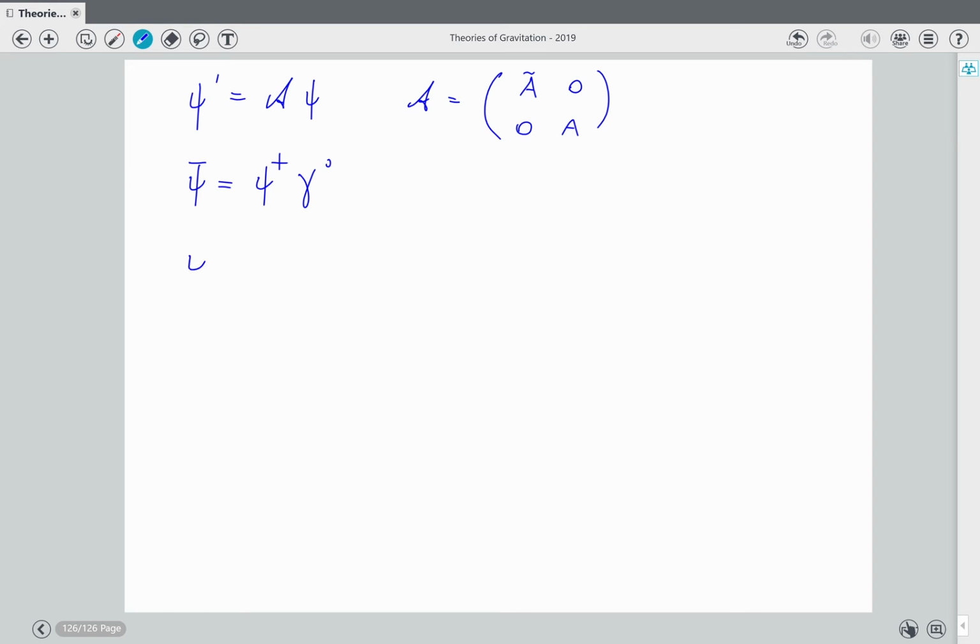And what is the transformation of psi bar? That is the transformation of psi prime dagger. So you take the dagger of that, times gamma 0. But that is also psi bar gamma 0 A dagger gamma 0. Because gamma 0 squared is 1, so psi bar gamma 0 is psi dagger.